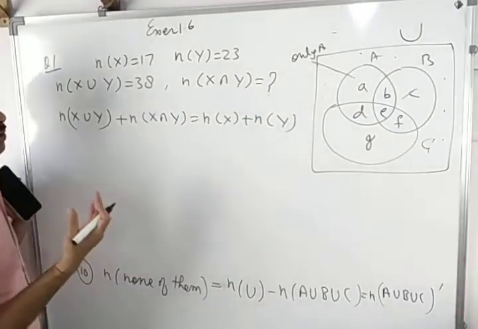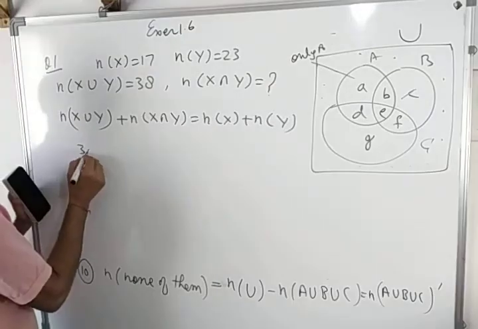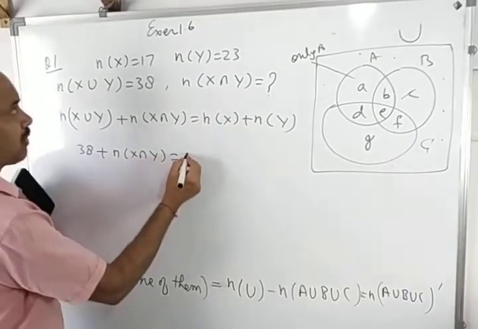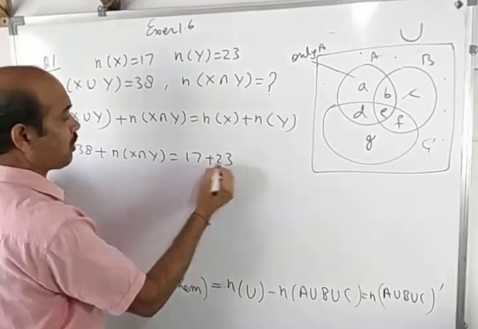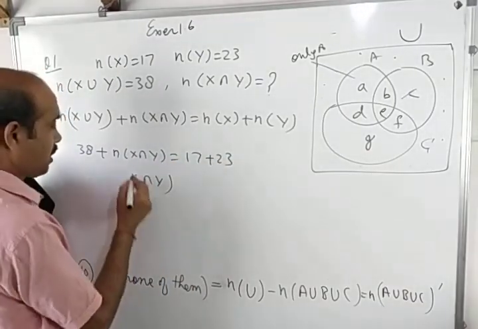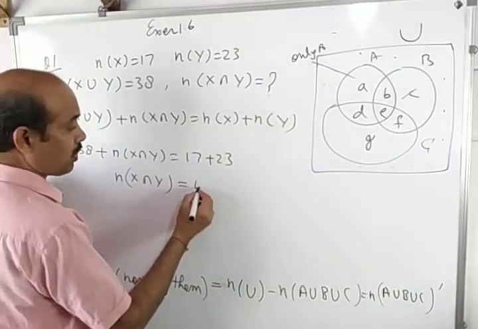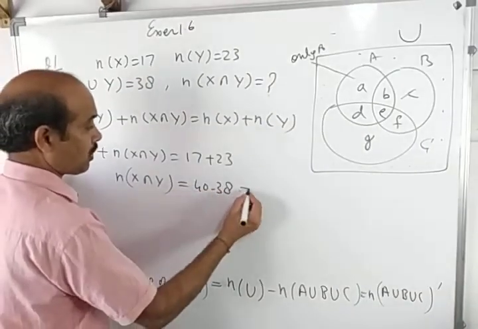So that can also be used, but directly put in the values: 38 plus n(x intersection y) is 17 plus 23. So the number of elements in x intersection y is 40 minus 38 equal to 2.